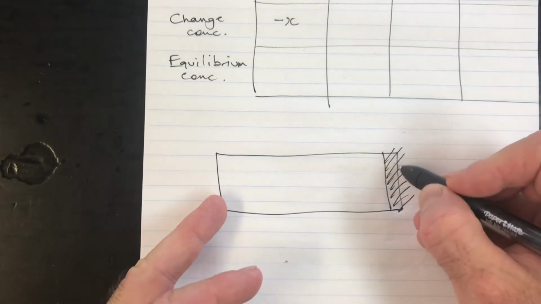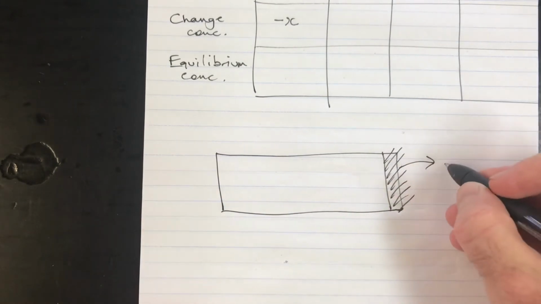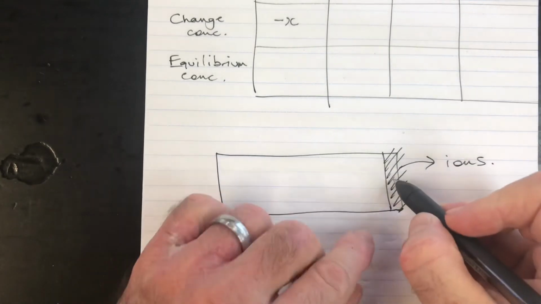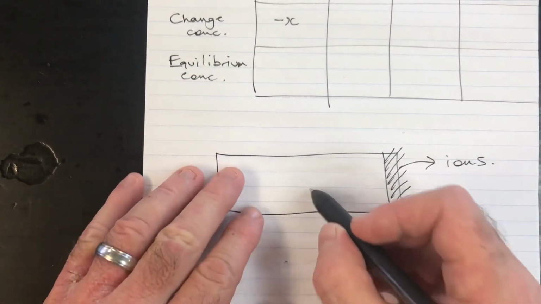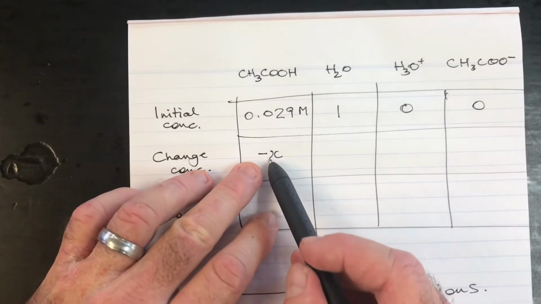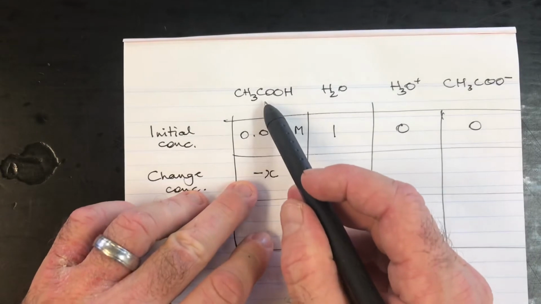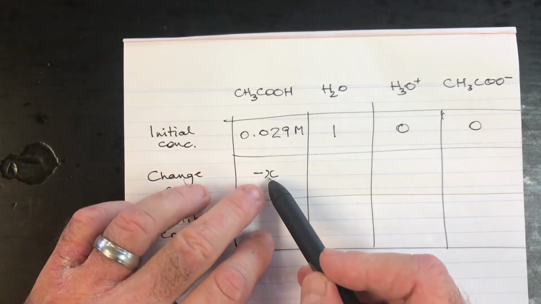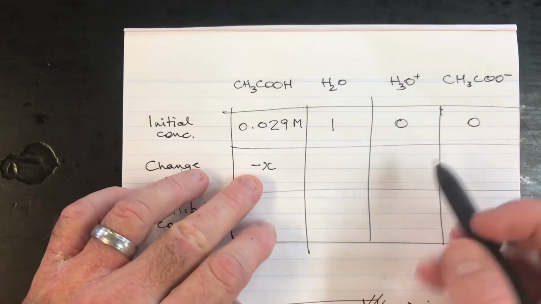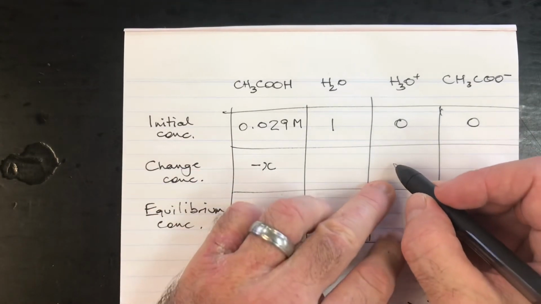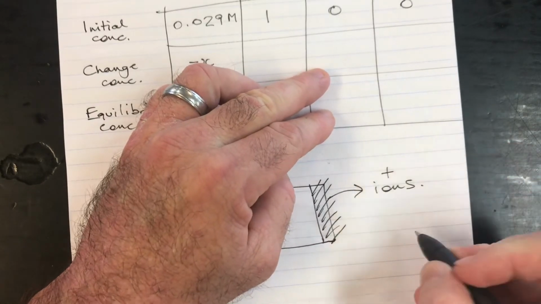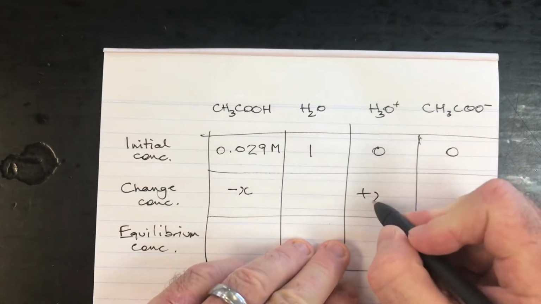The part that I shaded in dissociates into its ions. So a little bit is lost from the original amount of ethanoic acid, and that's why it's a negative. The concentration of ethanoic acid goes down by how much? Well, we don't know that yet, by X. Whereas at equilibrium, the concentration of the ions goes up by X.